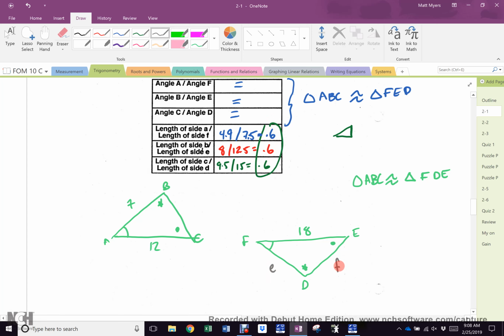Now, knowing what you know here, you should be able to tell me what side E and side F are. And this you should have already done in grade 8 or 9. If you haven't, or if you've forgotten, then just chill, because you know I'm about to show you. But if you do remember how to do it, do it.